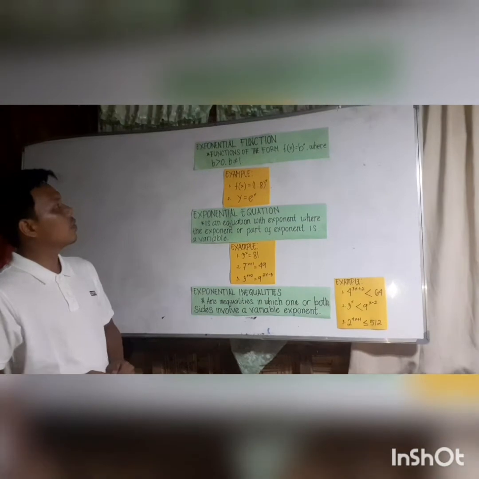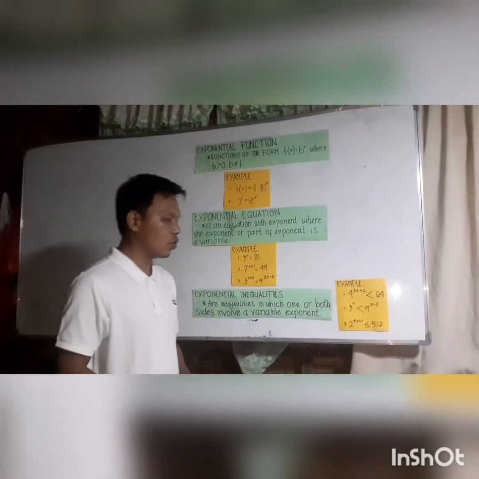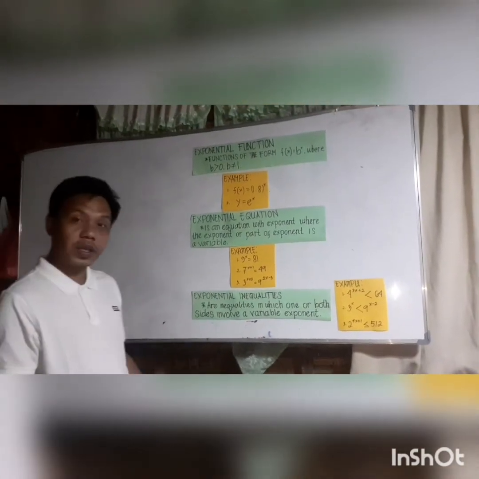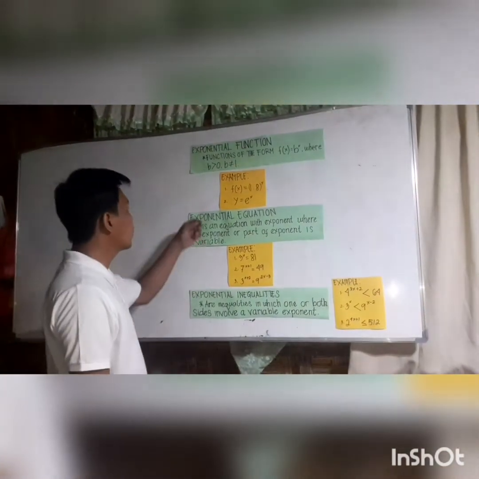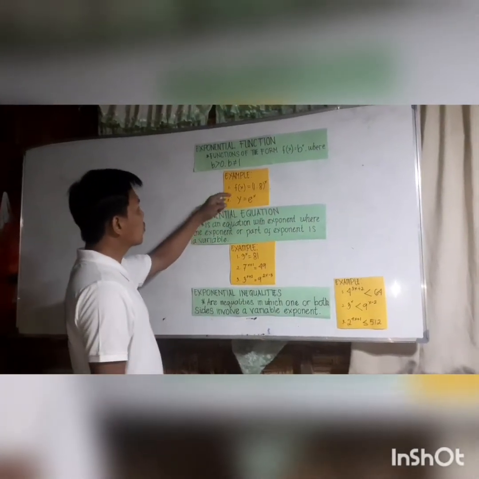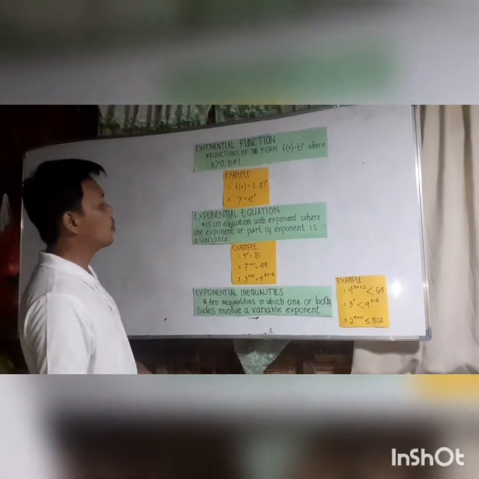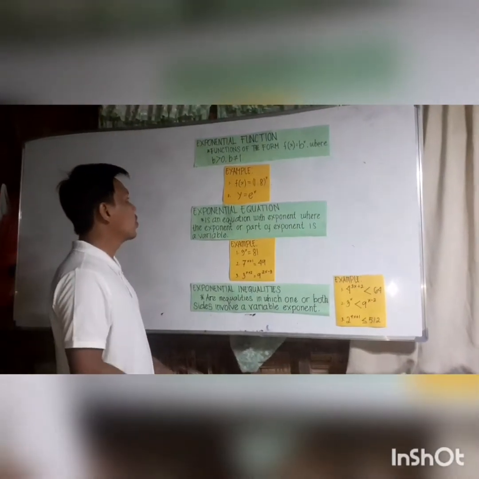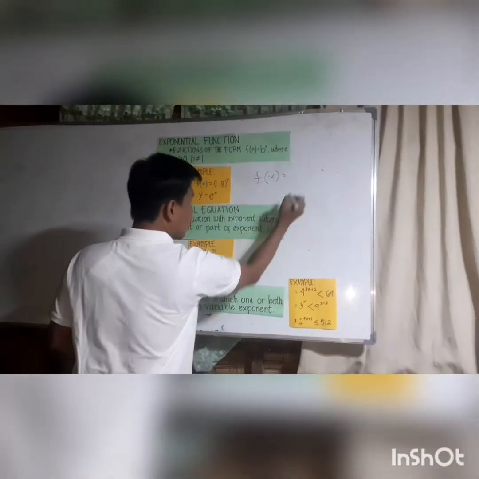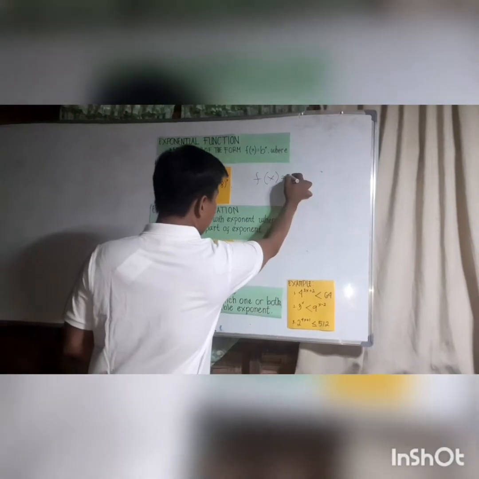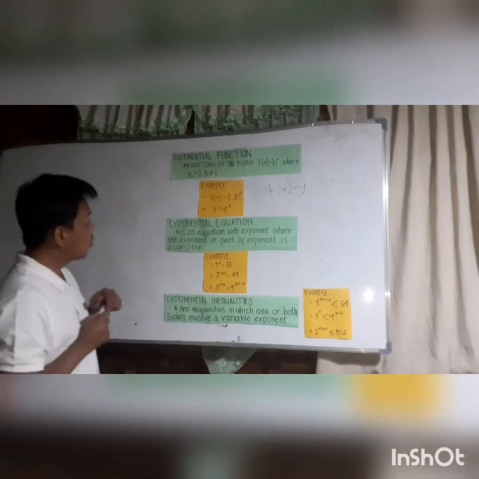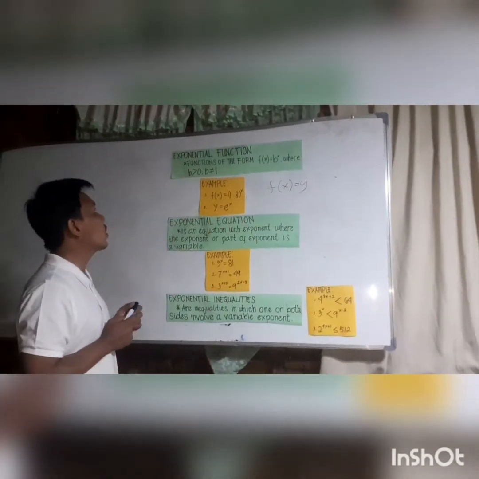So yeah, let's proceed to how we will determine each type. A function is in the form of f of x, where f of x is also equal to y. So this form is an exponential function.